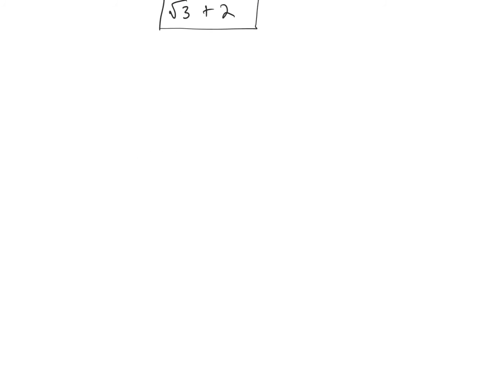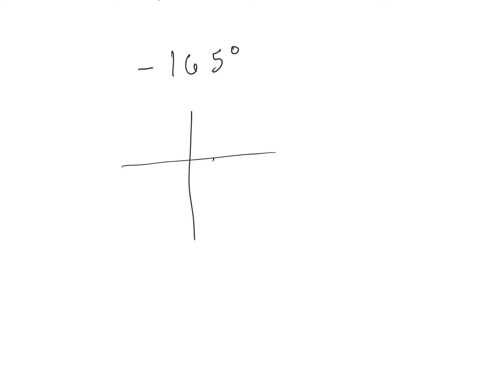Let's do one last angle. Let's say I have negative 165 degrees. Well, let's analyze what that means. Always draw a picture if we don't have a good idea. So it's somewhere here, right? Negative 165. If I take 360 minus 165, this is actually just 195.